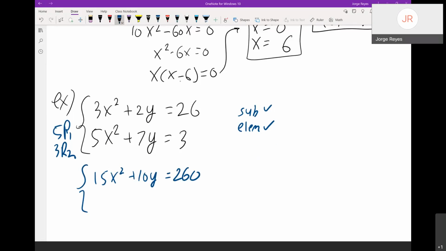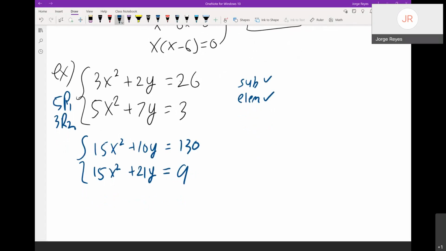Wait, just kidding, 5. Okay, so when I multiply 5 and 26, I get 130. And then when I multiply this by 3, 15x squared plus 21y equals 9. Now I'm going to do row 1 minus row 3, and let me go back down to the original row 2 also.